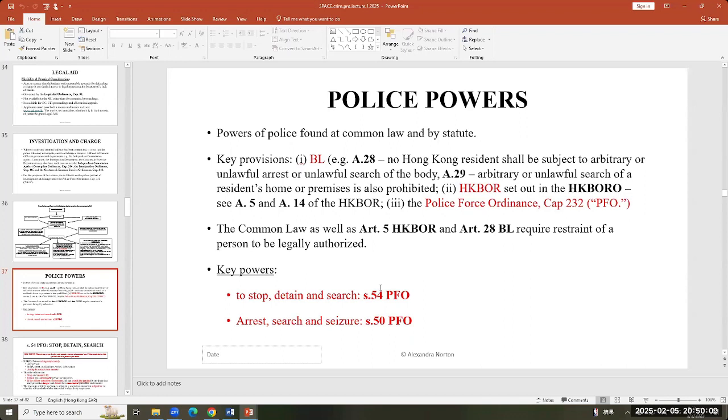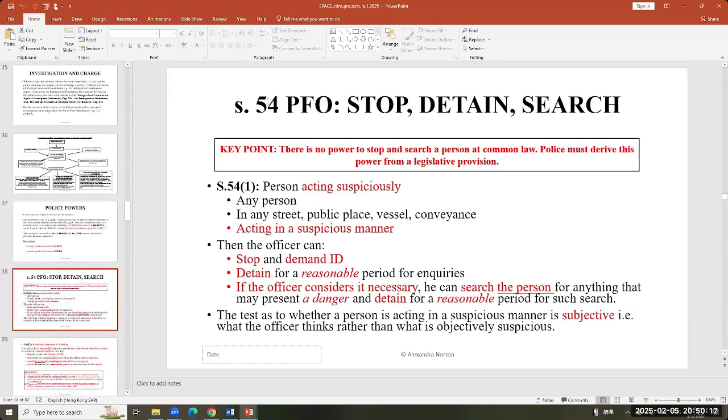So you have to be familiar with section 54 and section 50 of the Police Force Ordinance. Let's look first at section 54. It comes later in time than section 50 in terms of the drafting of the ordinance, but it usually precedes an arrest. Section 54 is the power of the police to stop, detain, and search.